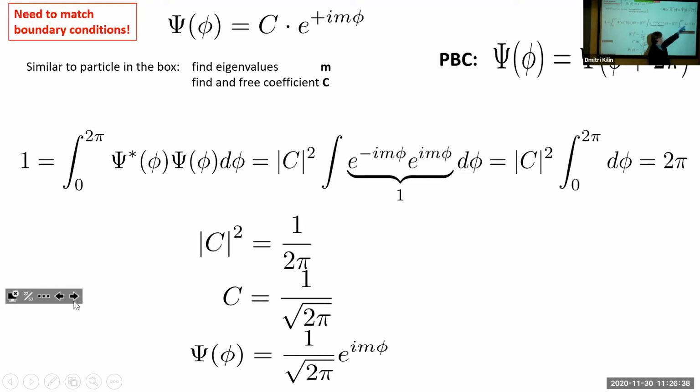So the unknown coefficient squared is 2 pi. Then the wave function will be 1 over square root of 2 pi times the exponential of i, magnetic number, and angle.